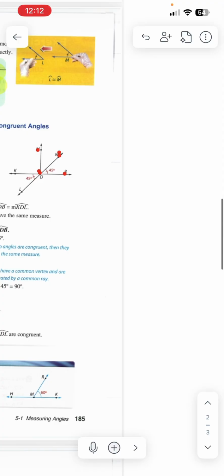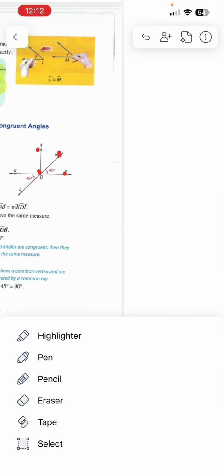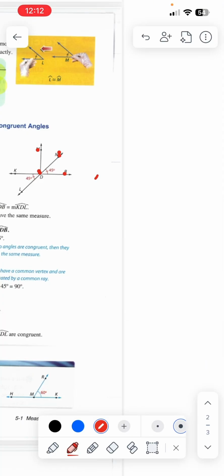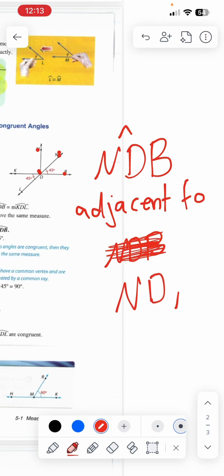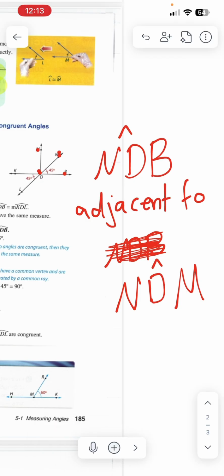We write for the adjacent angle, NDB is adjacent to NDM. So like that, angle NDB is adjacent to NDM.